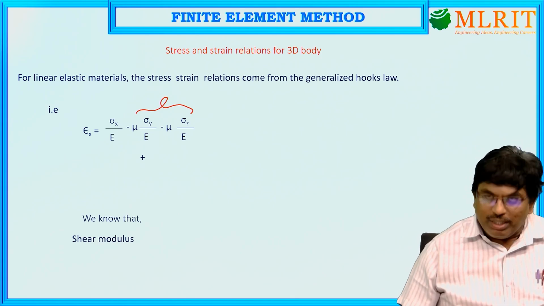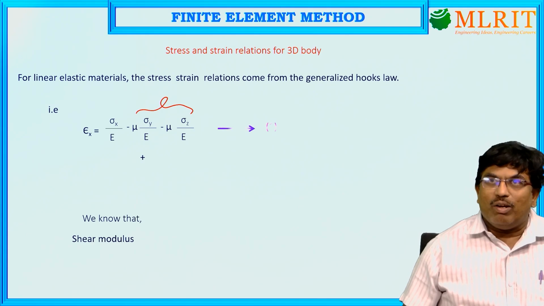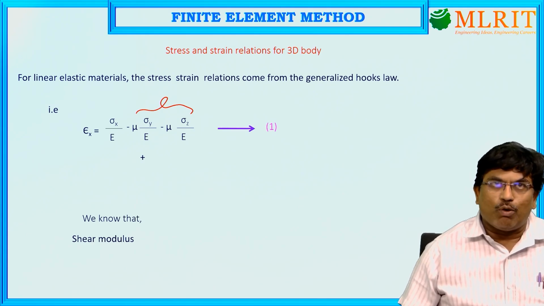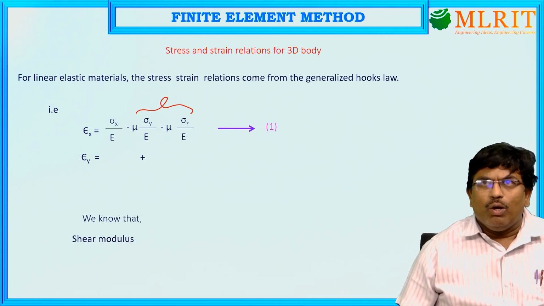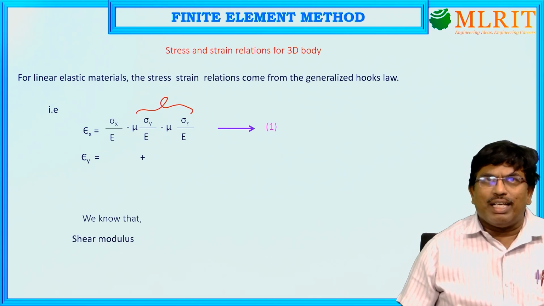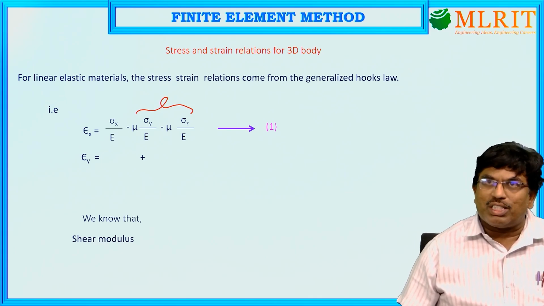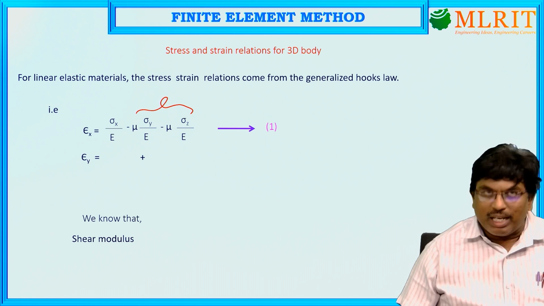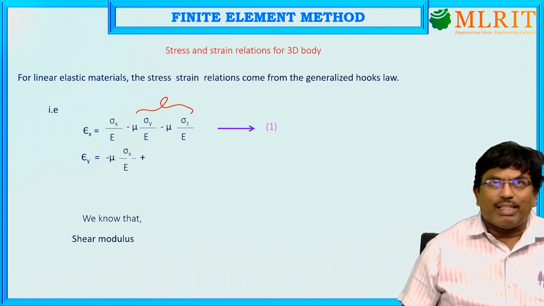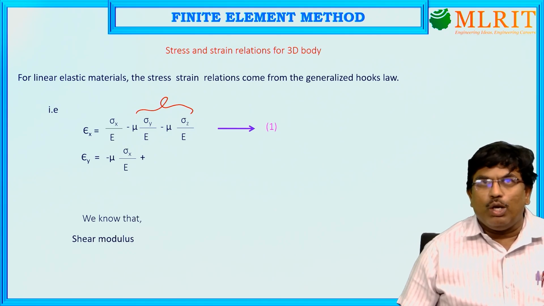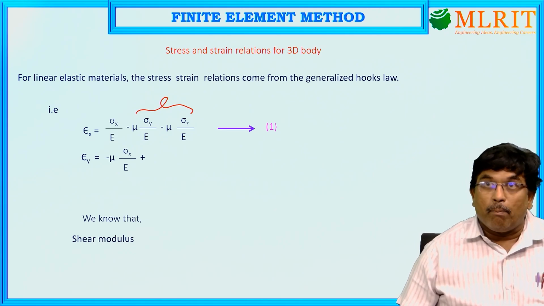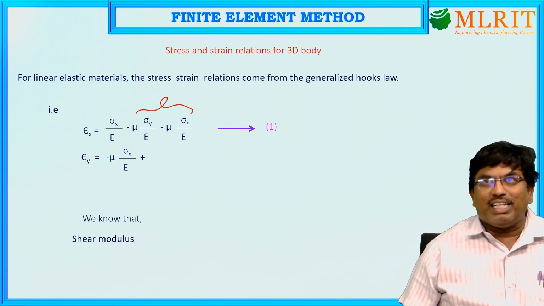Similarly, we have the strain in the y direction, epsilon y equals. In this epsilon y, sigma y by E is the longitudinal strain and the other two are lateral strains. For example, minus mu into sigma x by E is a lateral strain, due to the load acting in the x direction but the strain acting in the y direction.